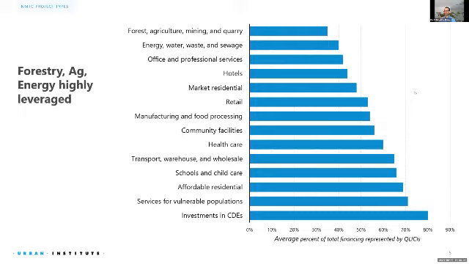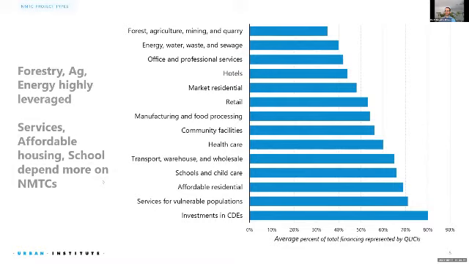And so here you can see some pretty notable differences by project type, where forest, ag, mining, quarrying are drawing in a lot more other resources into projects. Energy, water, and waste, for example, are as well, whereas the more service-oriented projects, affordable residential and services, are much more dependent in that way on the NMTC financing.